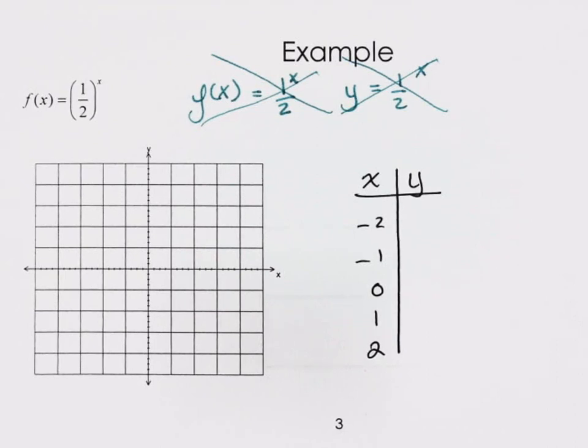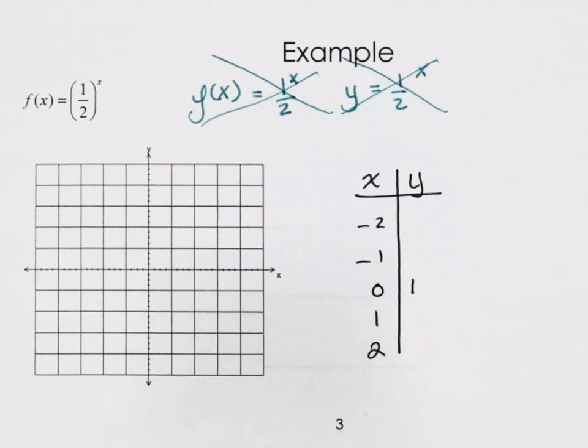Anything to the exponent of 0 has a value of 1. So no matter what graph you do, no matter what base you have, anything to the exponent of 0 is 1. That's a common point through all exponential graphs. And I think you guys would catch on to that if you graphed enough of them, but I'm just ruining the surprise that that's there.